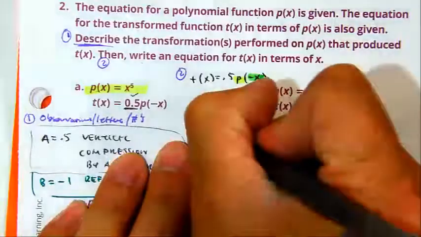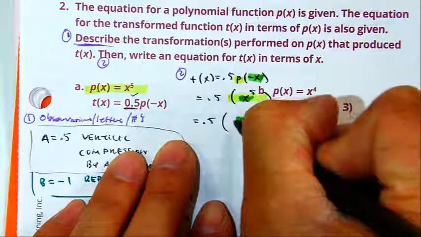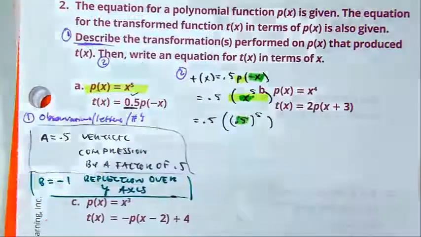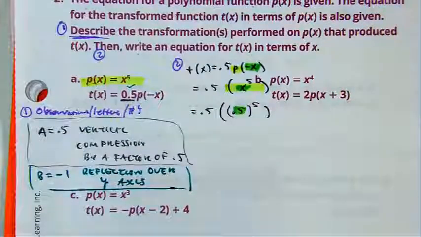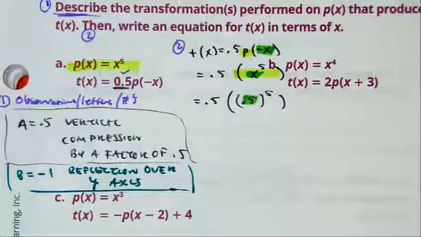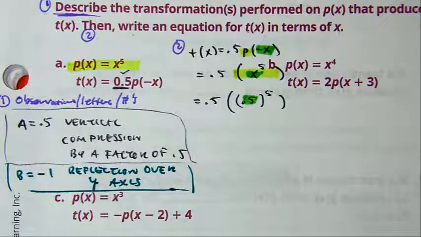So I have 0.5 times x to the 5th power. Now I guess I don't really need that second set of parentheses. What did I do?